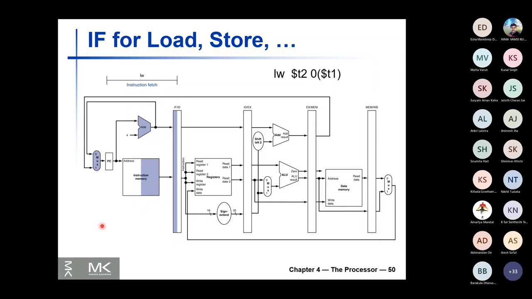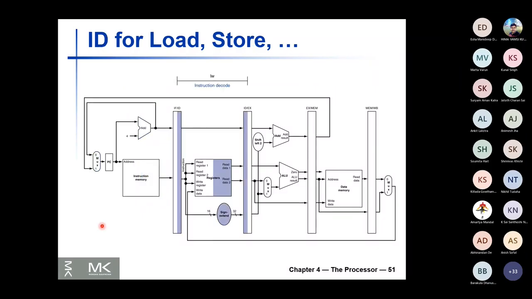Okay, so now the next stage, instruction decoding. As you move, the instruction decode means you have to read the information about this current instruction, while the next instruction has already entered the fetch stage, which is not shown here.